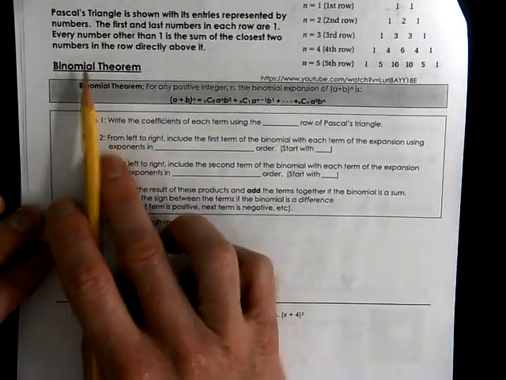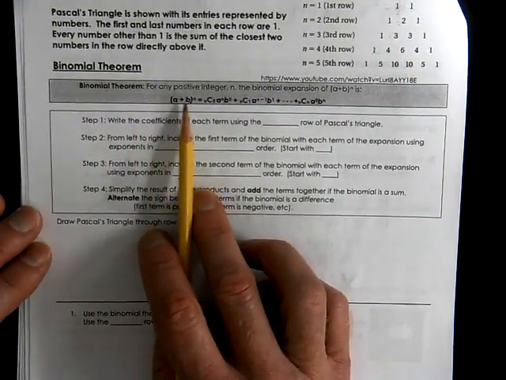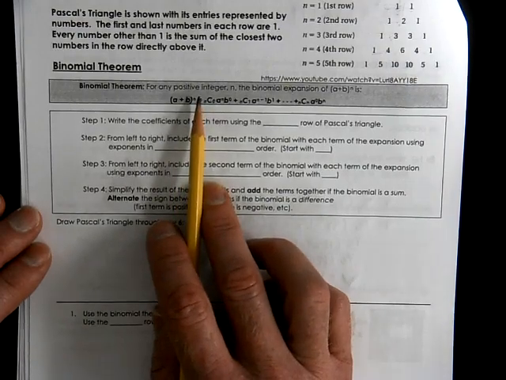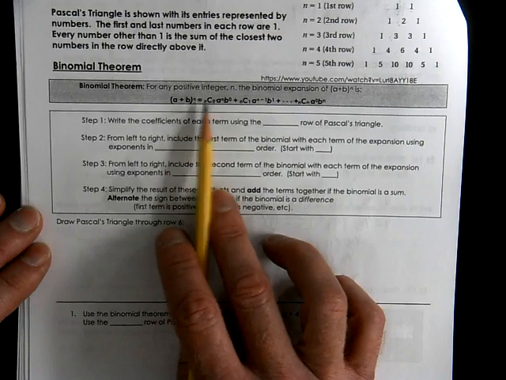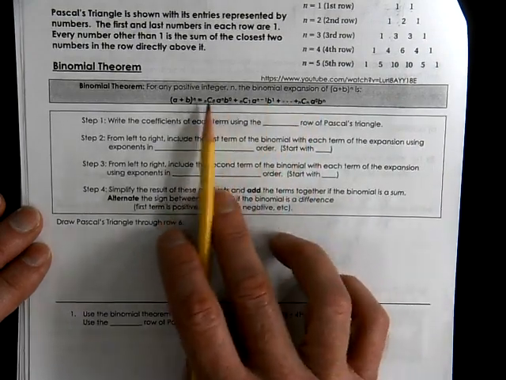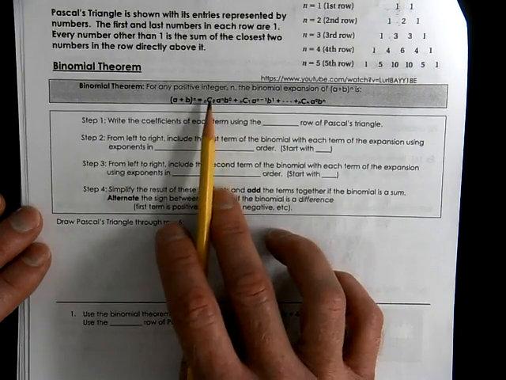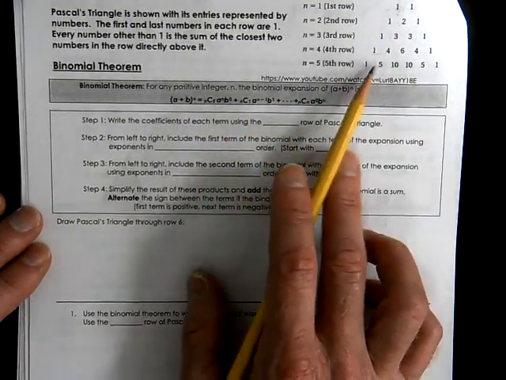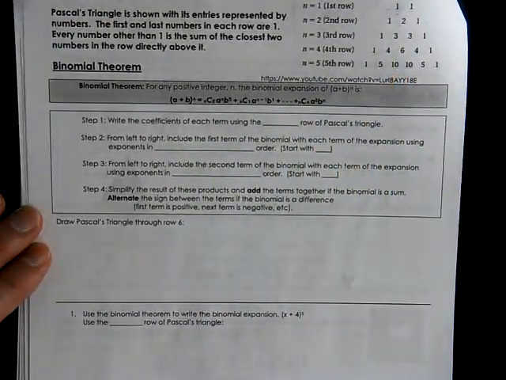So when we do the binomial theorem, what we're doing is taking a binomial and raising it to a power. We have a very complicated looking general formula that relates to these combinations that are parts of these values. That's a whole other lesson.